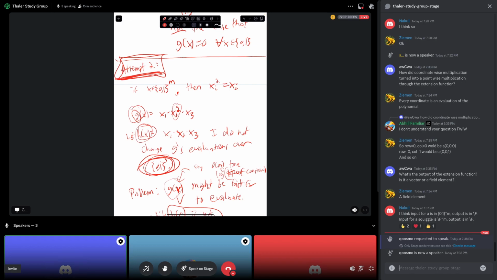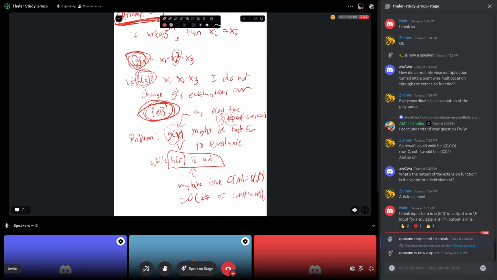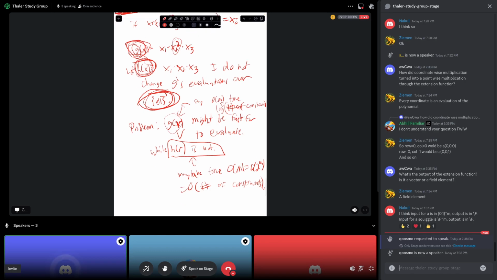But that's the big difference between non-multilinear things and multilinear things: sometimes you just have to go to the non-multilinear thing to ensure that it's quickly evaluable by the verifier at one point. Because the multilinear thing may take time linear in the size of the hypercube rather than the number of variables of the hypercube, which is logarithmic in the size of the hypercube. Does that make sense?